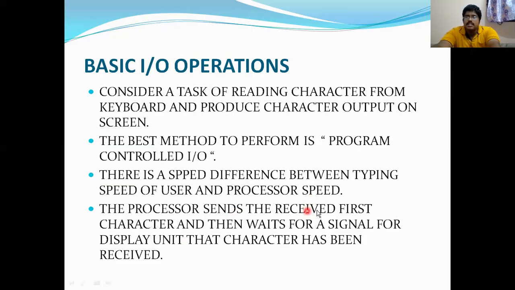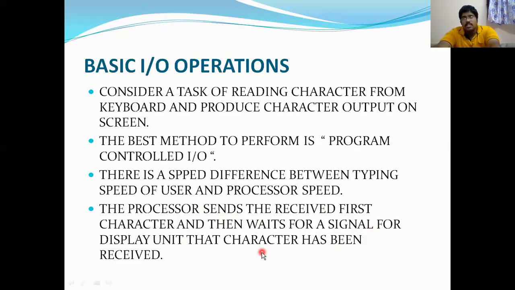The processor sends the received first character. Whenever I type KRISHNA, first it will receive K and send it to the receiver, and it will wait for a signal until the character has been received.